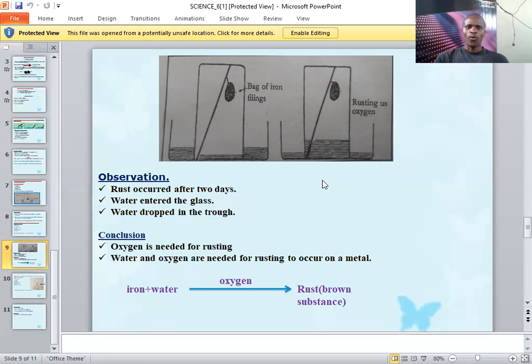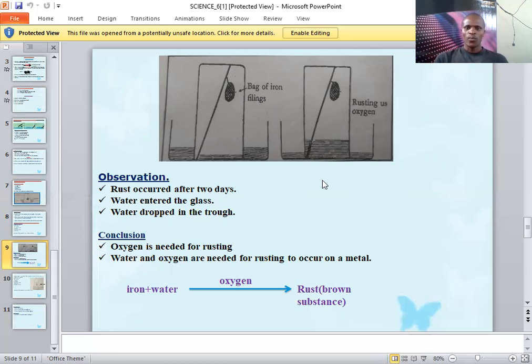Now, what does this show? It shows that when this bag of iron filings is left in the glass for some time, we had some oxygen. Remember, that empty glass is not just empty. It has air. And we say that air is a combination of gases, of which oxygen is one. So the oxygen that is present in that air will react with the iron filings, okay?